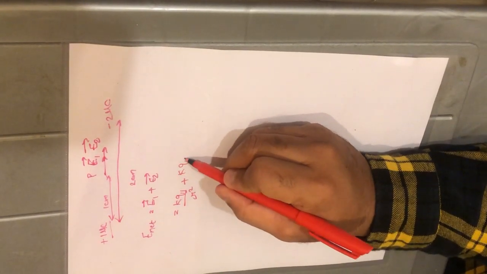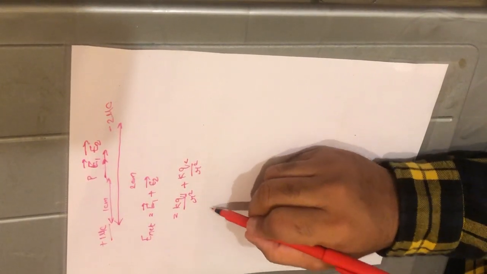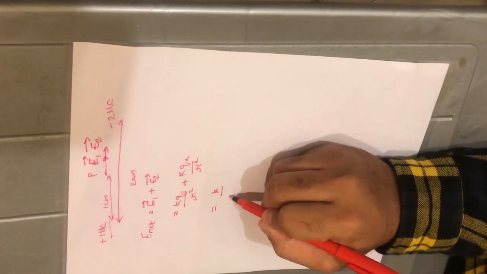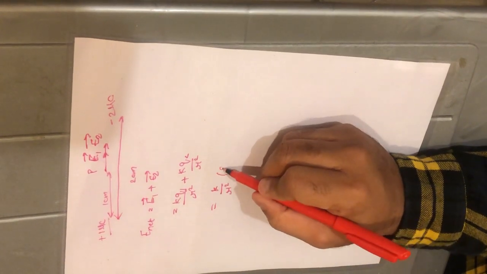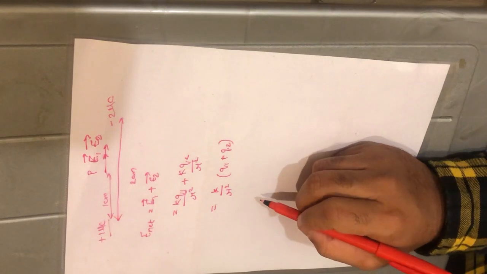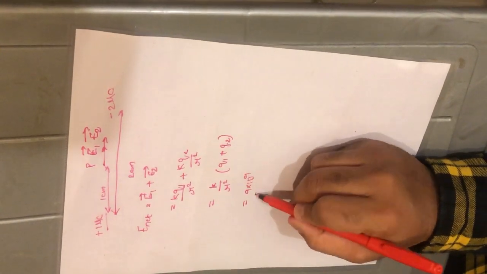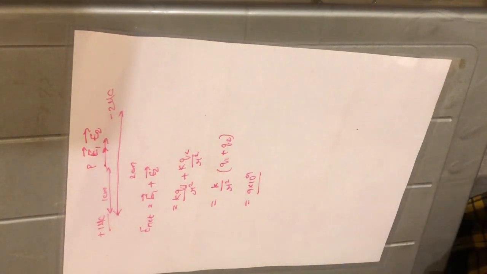Substituting the formula, it becomes KQ1 over R square plus KQ2 over R square. So you can take K over R square as common, because the value of K and R is the same for both of them.